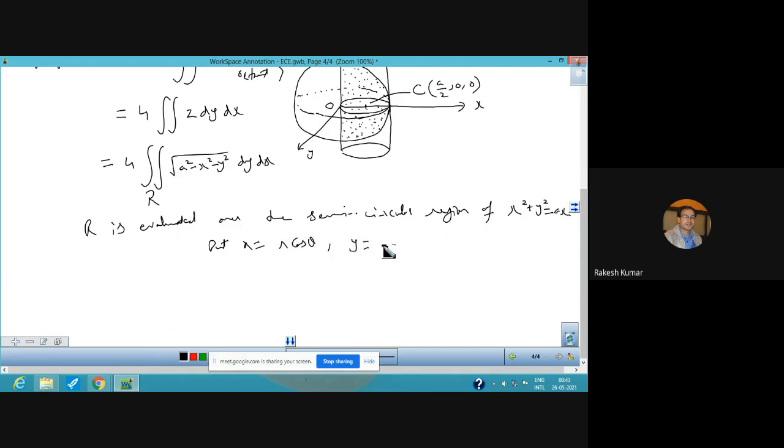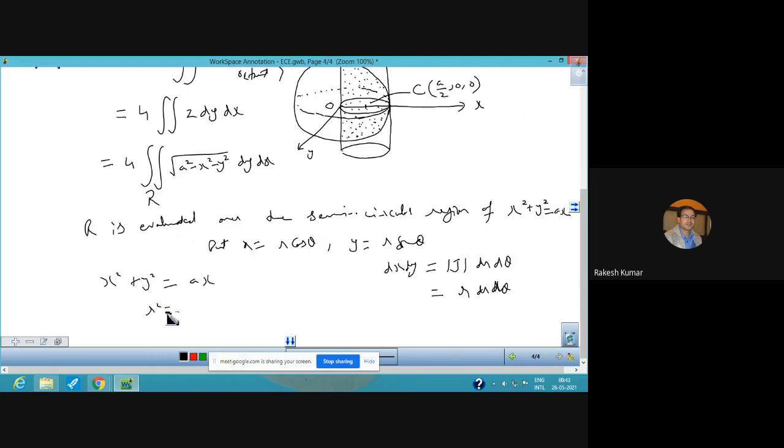So x is r cos theta and y is r sin theta, and we also know that dx dy is the Jacobian times dr d theta. The value of the Jacobian, which we discussed in the previous classes, is r, so dx dy is r dr d theta. And the equation of the cylinder is x square plus y square is equal to ax.